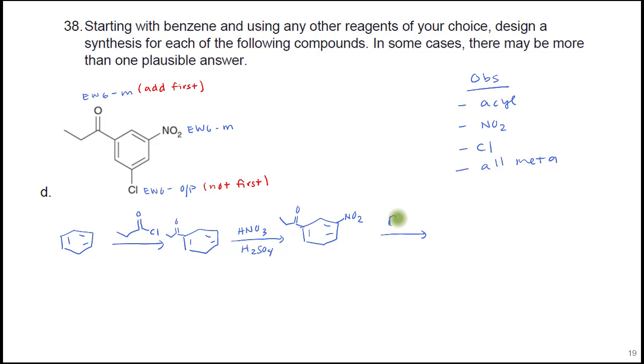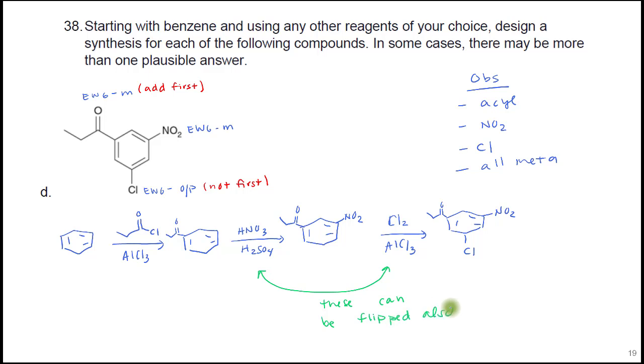And then add the Cl. So like I mentioned, the chlorine could be added first or the nitro group could be added first there.